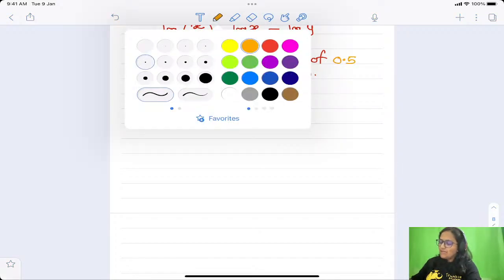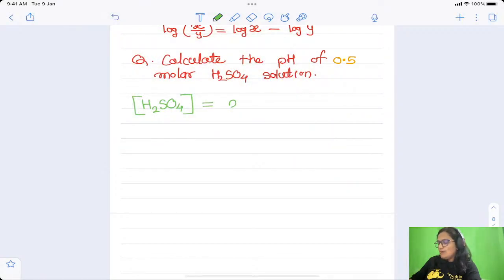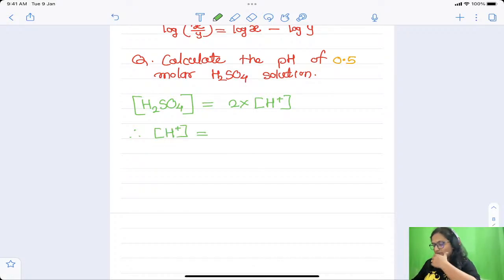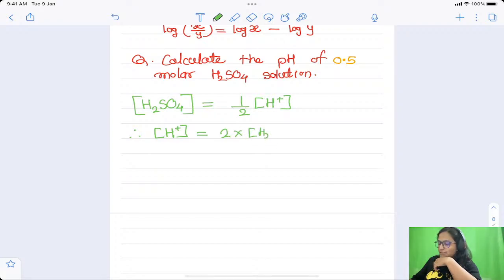So concentration of H plus will be equal to 2 multiplied by concentration of H2SO4, because one H2SO4 will give you 2 H plus ions.